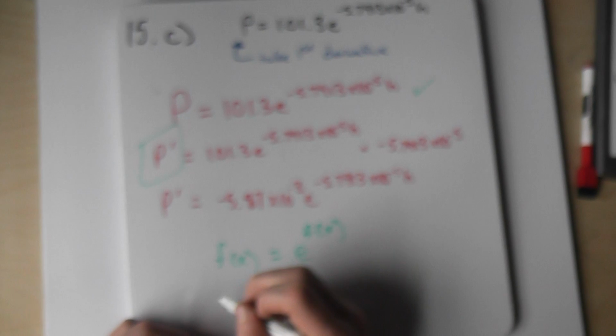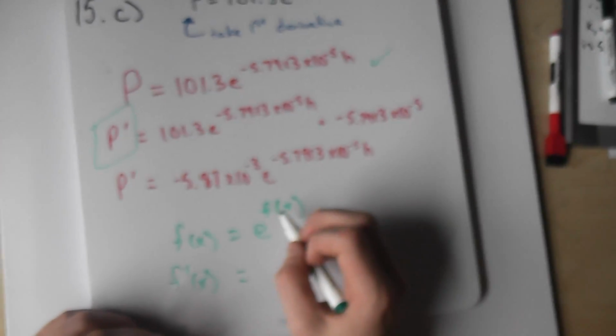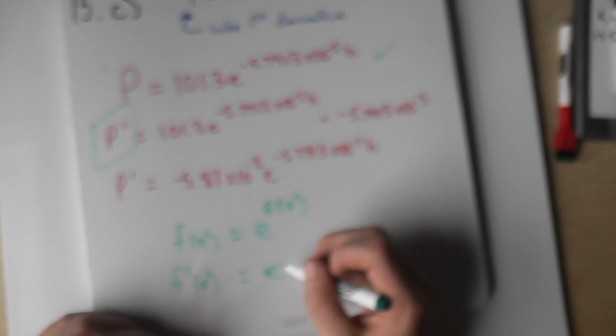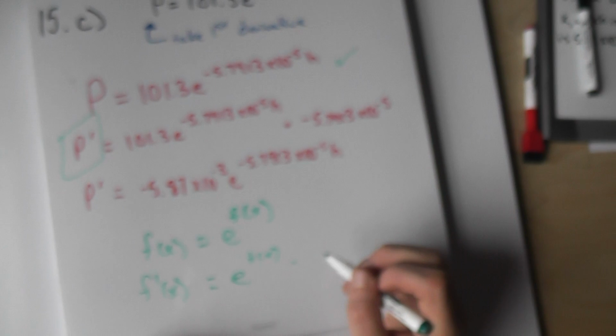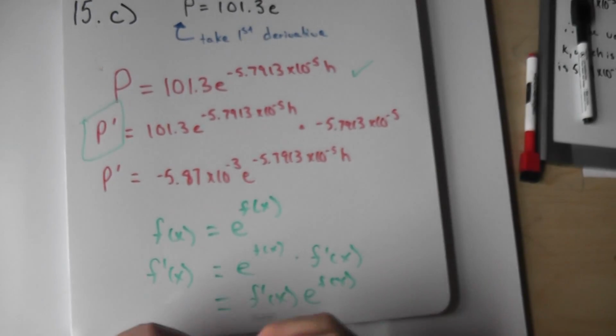Now, to take the derivative, we have to be aware of derivatives of a power. Here, because we have Euler's constant, we're going to keep this the same, but we're going to take the derivative of the exponent. And this can be rearranged to this. That's our goal in this question. We want to find the derivative.